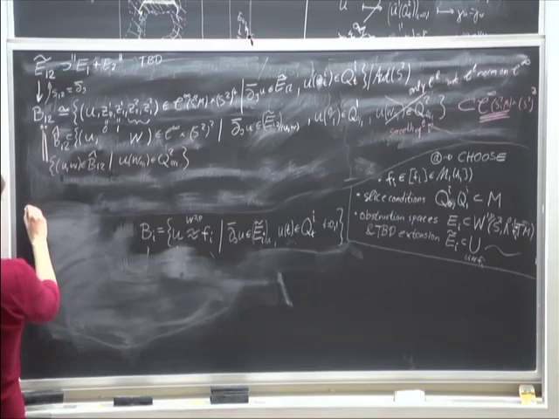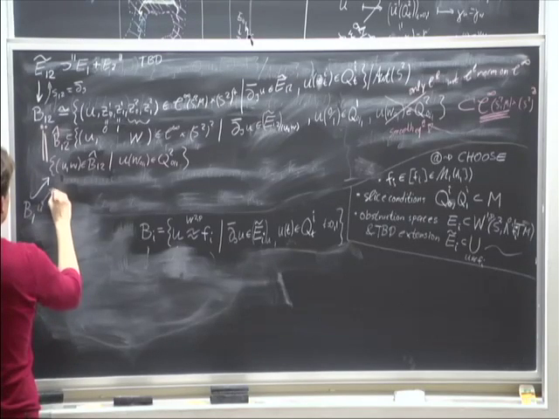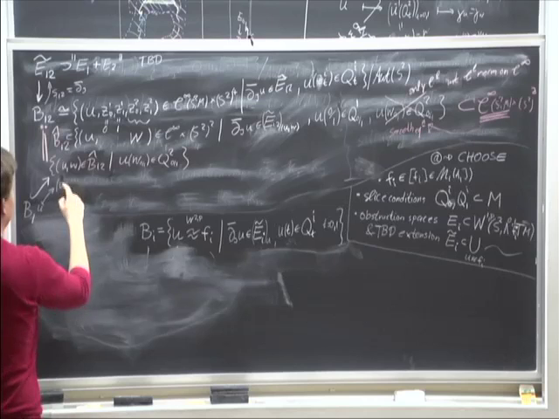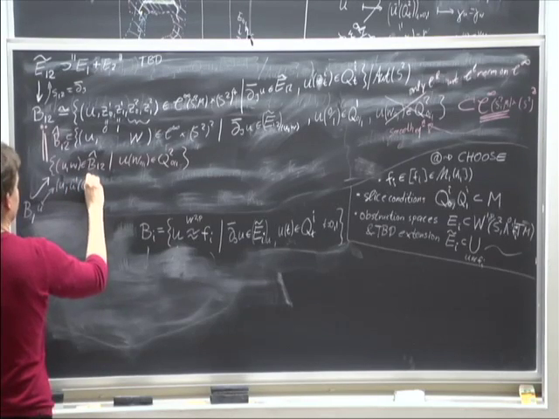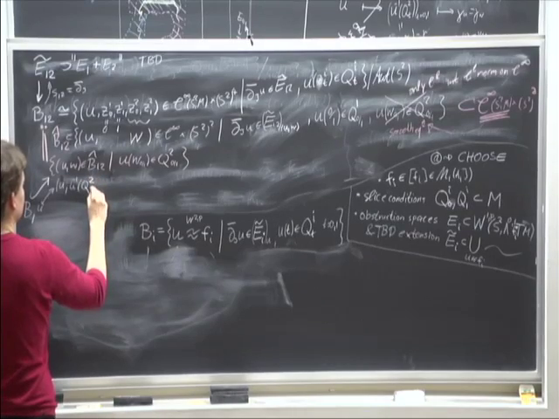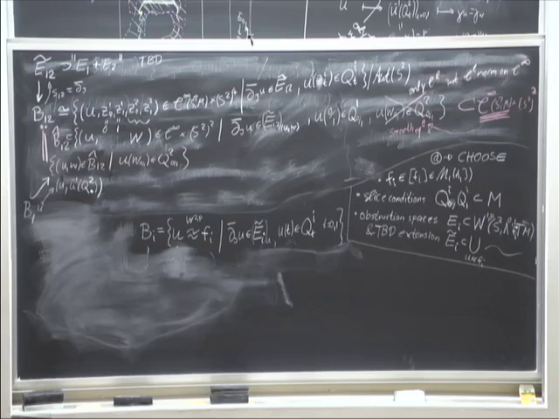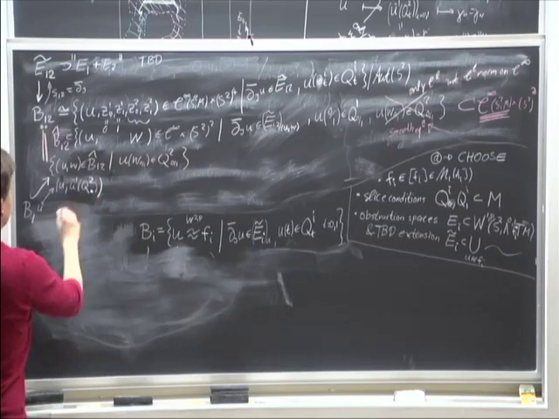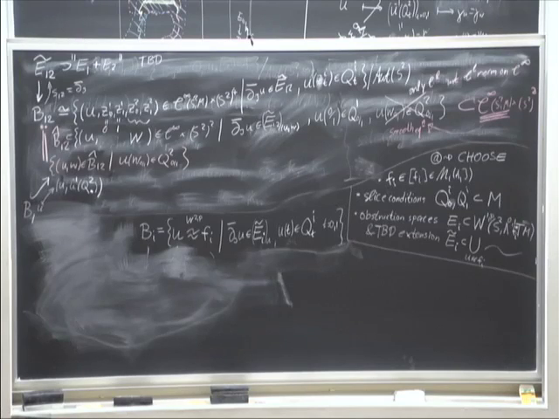There's one simple transition map, so B1 simply goes into this by mapping U to U and the pre-images of the slicing conditions for 2. And since this is in finite dimensions, this is again a smooth map. So that's not so bad.